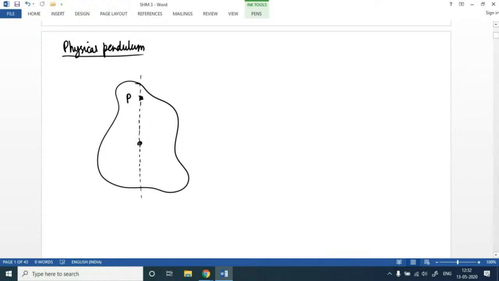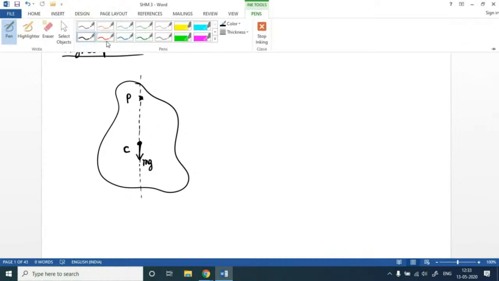In the stable equilibrium position, its center of gravity C and P lie on a vertical line. The weight acts effectively downward through C, so mg, whose line passes through P, will not produce any torque. So it is in stable equilibrium.